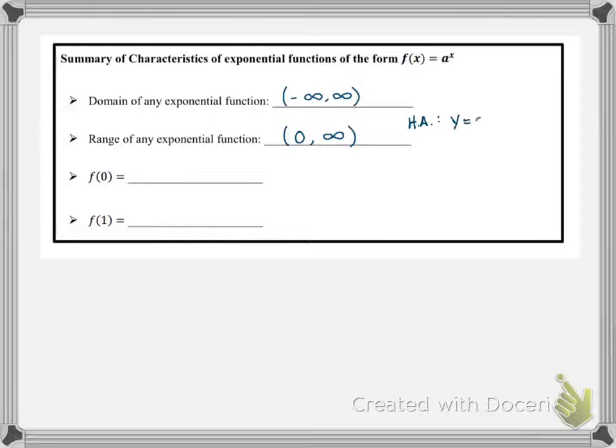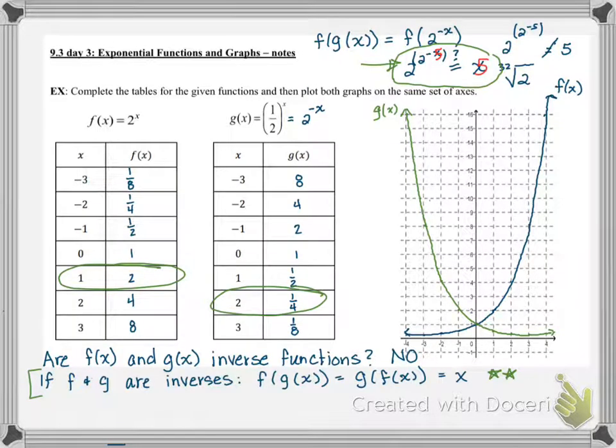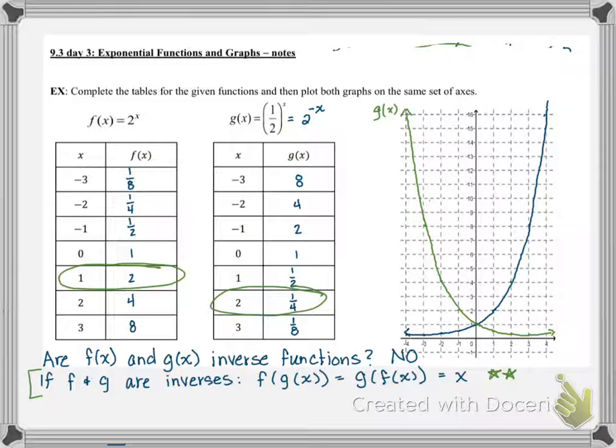It's convenient to remember that there's a horizontal asymptote at y equals 0. One thing that makes exponential functions a little bit different than rational functions, which is the other place where we saw horizontal asymptotes, is that when we worked with rational functions, remember we'd have a horizontal asymptote right here.